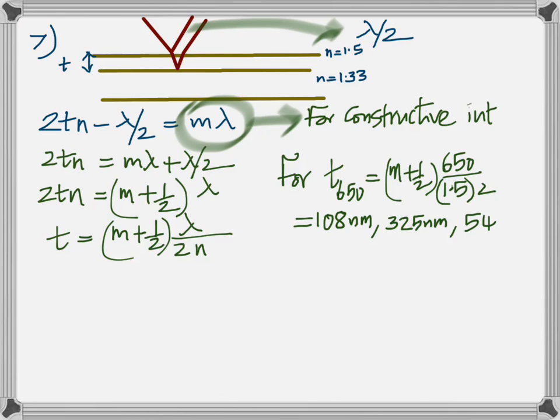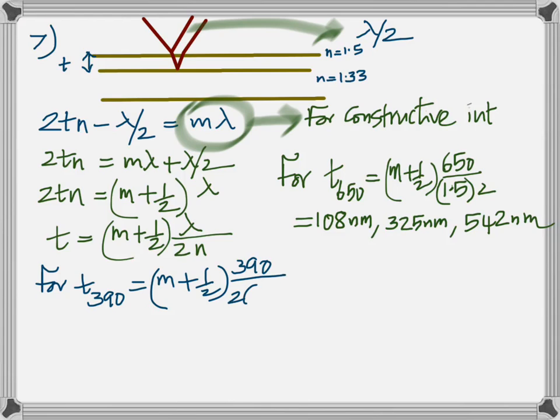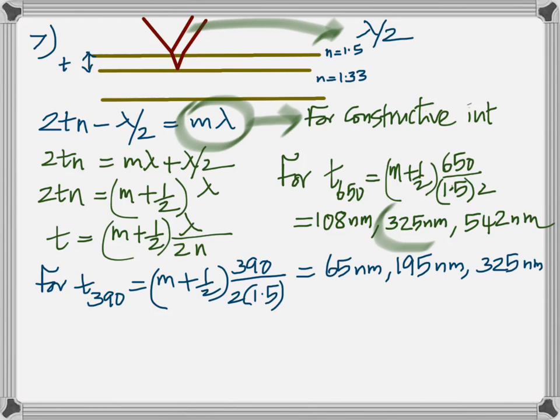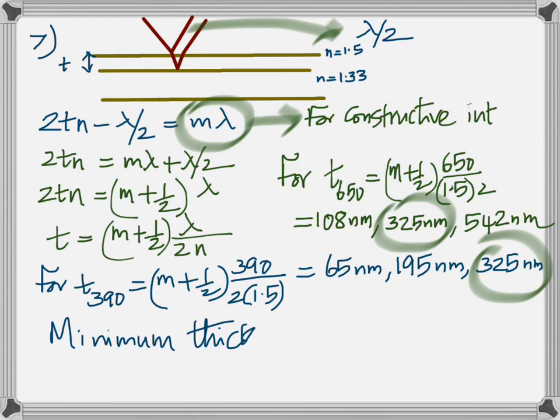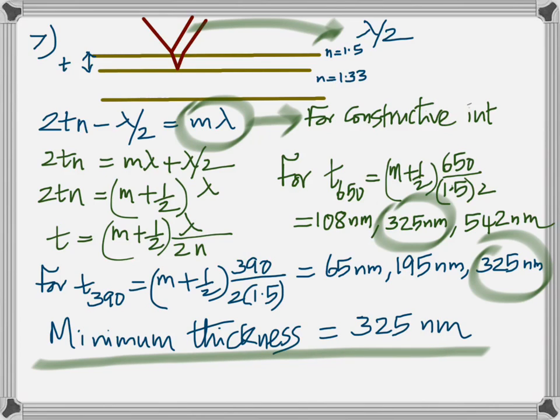You calculate for one and then you calculate for the other with the same formula, and look at if the numbers agree, because they have to be enhanced. And so you see that 325 is common, therefore the minimum thickness is equal to 325 nanometer.